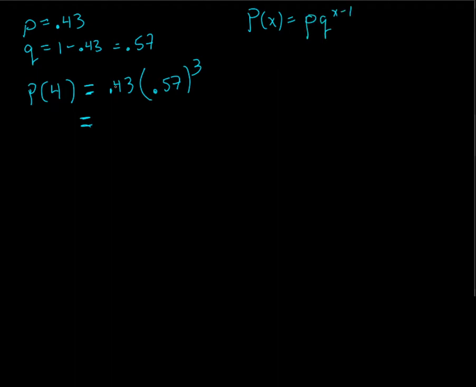There's p, there's q to the x minus 1. Running over to my calculator, I turn it back on: 0.43 times 0.57 to the third. And I get 0.079632999, or about 7.96%.